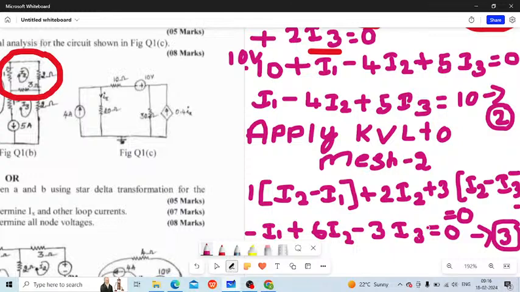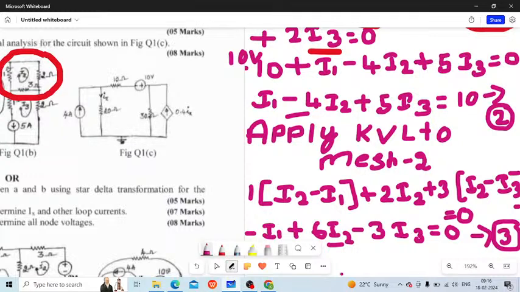Equation number 1 is I1 minus I3 is equal to 5 ampere. Equation number 2 is I1 minus 4I2 plus 5I3 is equal to 10. And equation number 3 is minus I1 plus 6I2 minus 3I3, which is equal to 0. Hope you got my point.